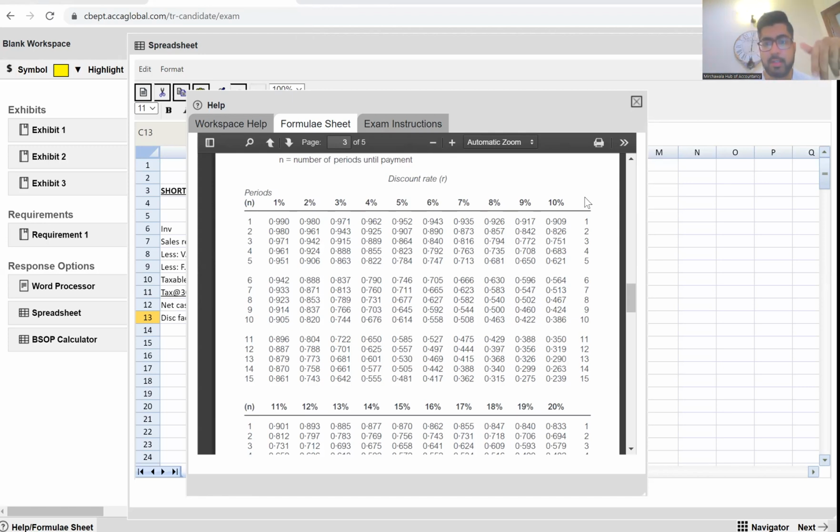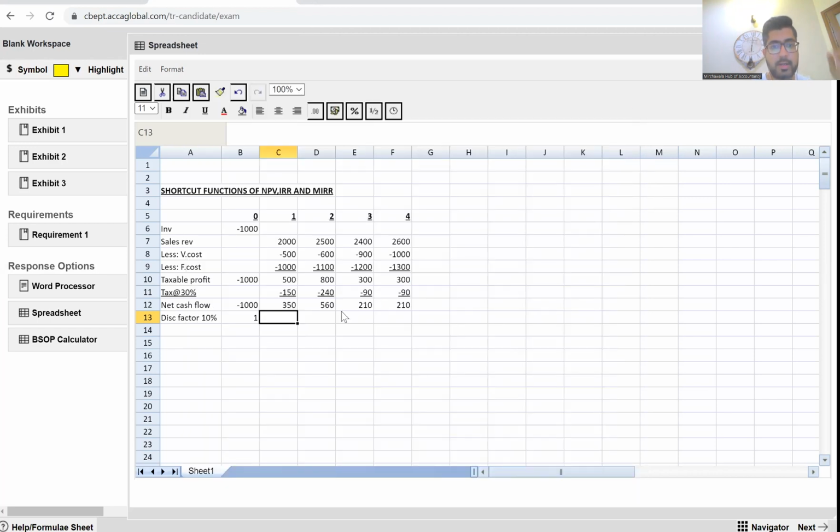So your traditional pattern was taking the discount factor 10% these.